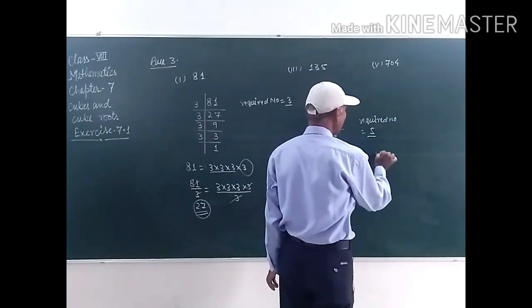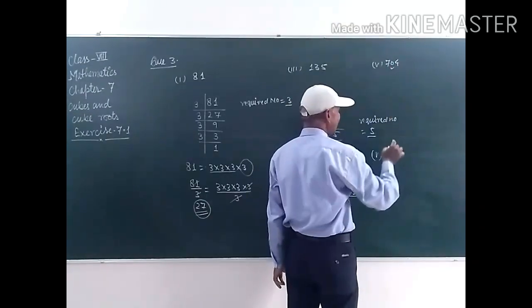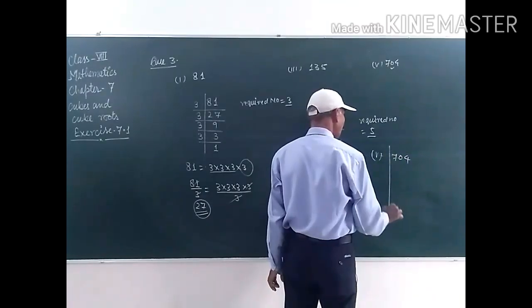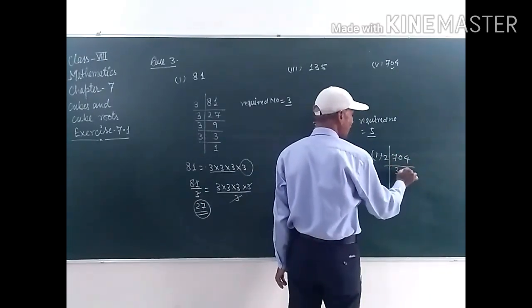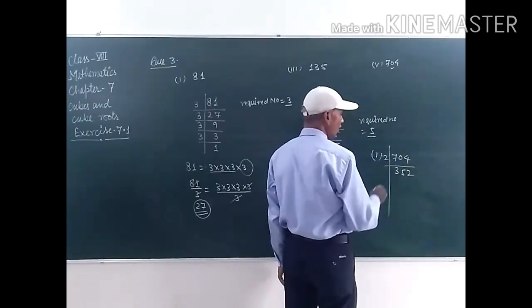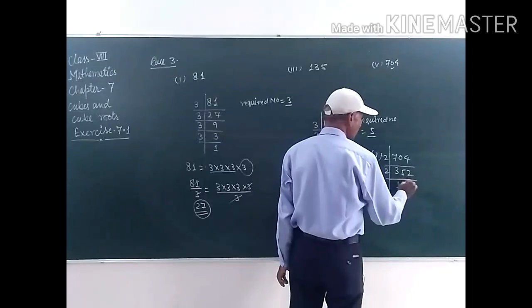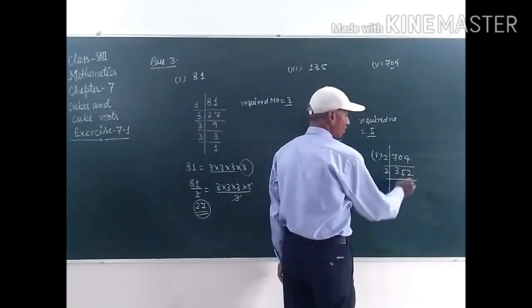So fifth part, we have to find out the prime factors of this number, student. 704. So find the prime factor. This one by 2. 2 3s are 6, 2 5s are 10, 2 2s are 4. Again by 2, 2 1s are 2, 2 7s are 14, and 2 6s are 12.